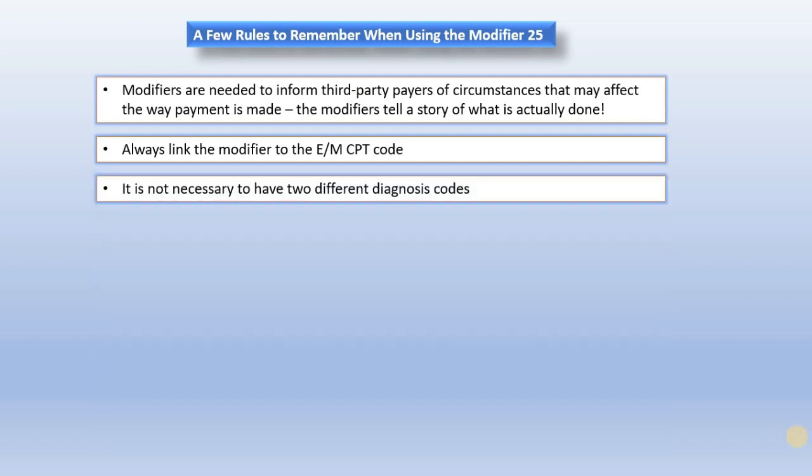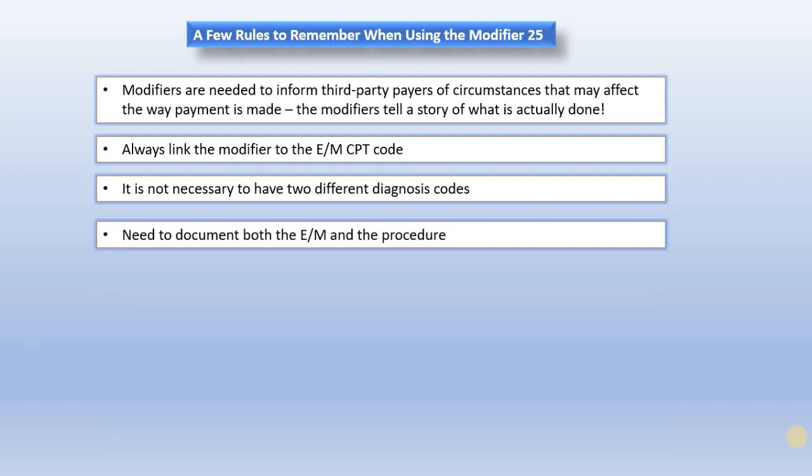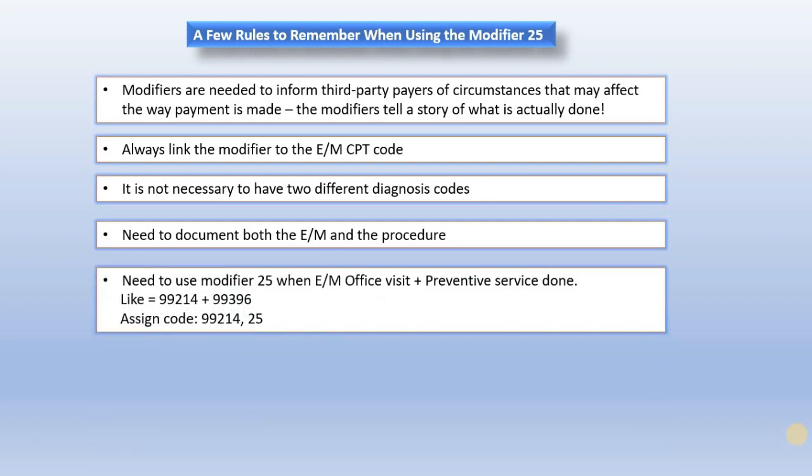It is not necessary to have two different diagnosis codes. Need to document both the E/M and procedure. Means E/M and procedure, both the documents should be available. Need to use Modifier 25 when E/M office visit plus preventive service are done, like suppose 99214 plus 99396 preventive service.